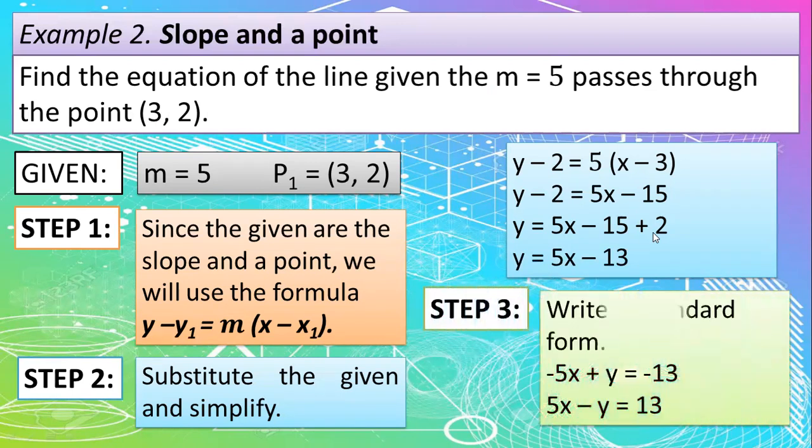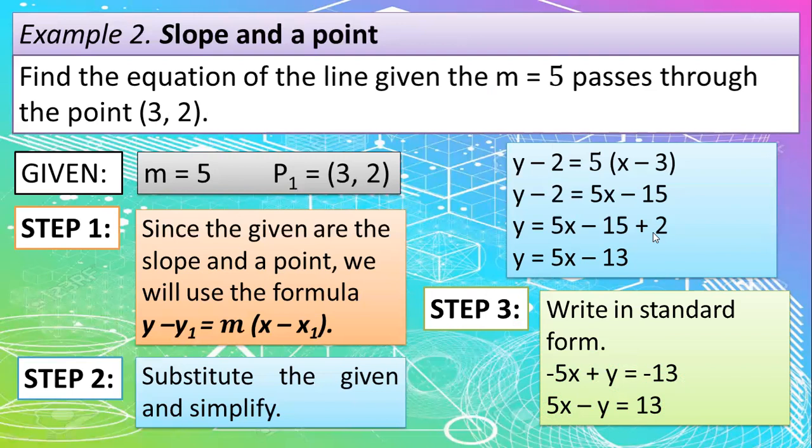And for our step number 3, once again, we need to write this in standard form. So, nakita mo na siya. Pag inilipat natin, or we have the transposition method or the APE, it will become negative 5x plus y is equal to negative 13. And then, gaya ng ginawa natin kanina sa example number 1, we need to multiply this equation by negative 1 para masimplify natin si a dun sa ax plus by is equal to c.